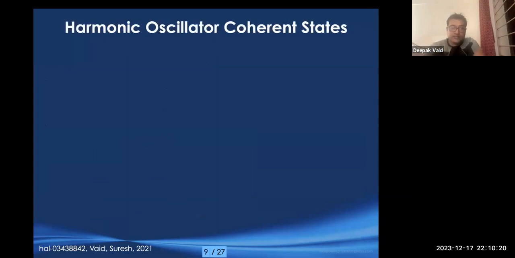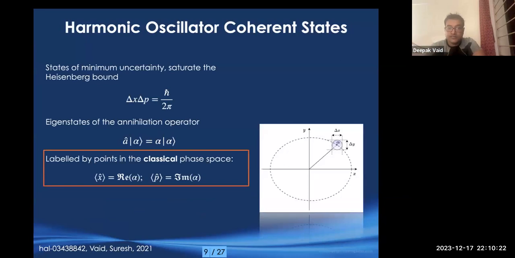Now these states are coherent states. They satisfy this condition. They saturate this bound. If you study the time evolution of these coherent states, you will find that the point alpha traces out a trajectory in phase space, which is given by the classical equations of motion.